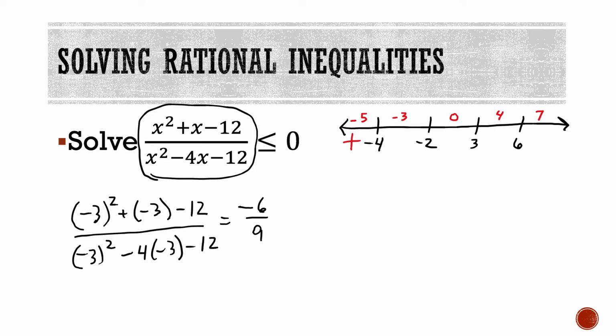I don't really care what negative number, just knowing that it's negative. I'm now going to plug in a 0 in place of the x's. And so that's going to give me a -12 over a -12, which is going to be a +1. So we'll put a positive in that section.